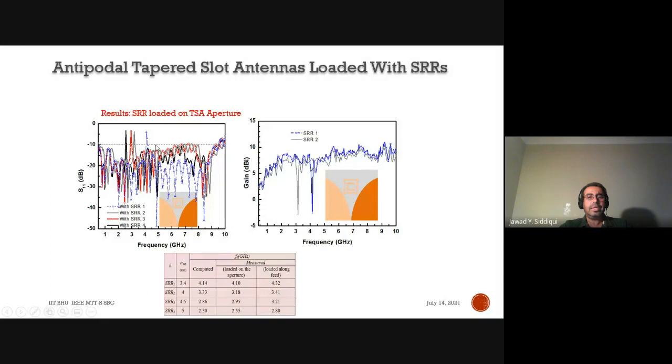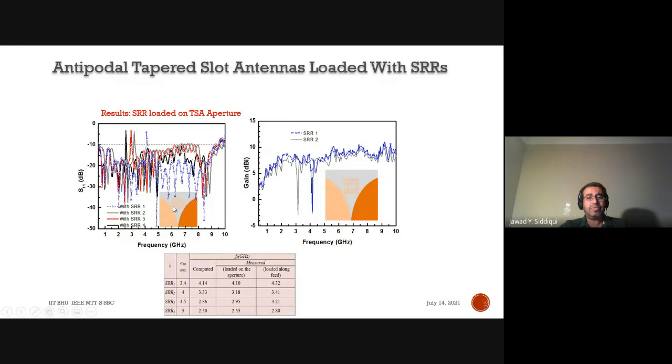Here you can see the SRR on the aperture. Depending on the dimension of the SRR, you can see there are 4 different types of SRR, giving 4 distinct notches over the ultra-wideband response.